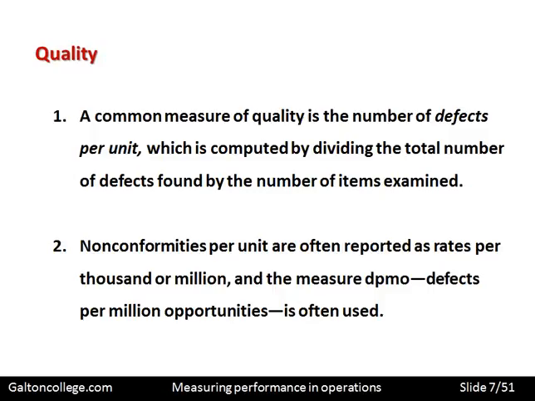We'll talk about this as we go through the session, but that's really how we measure the non-conformities per unit, the number of items that don't conform precisely to the requirements of the customer. It's the number per million or per thousand, and it's measured as DPMO, defects per million opportunities.